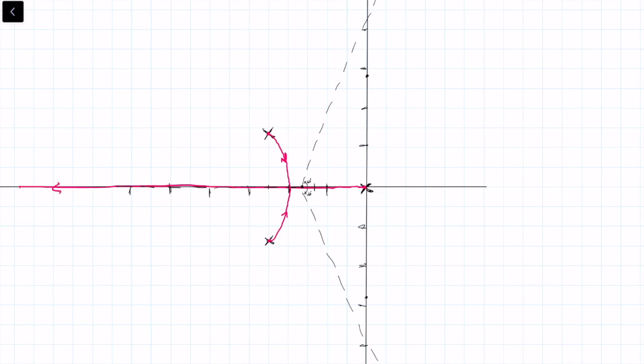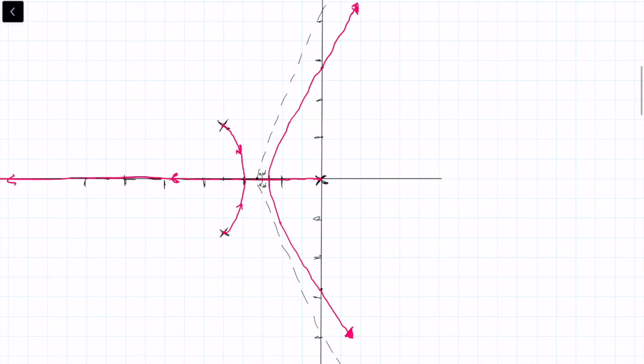This goes off to infinity, and what we're going to have is at this breakaway point, it's going to break away and go towards that point right there, and it's going to break away and go like that. Okay, so that's what our graph is going to look like.